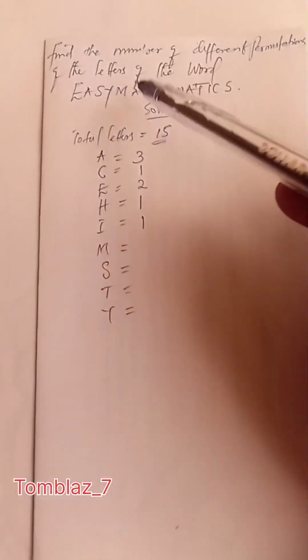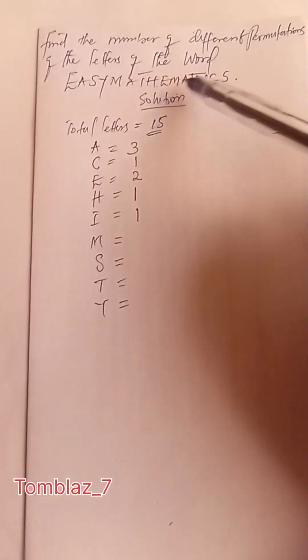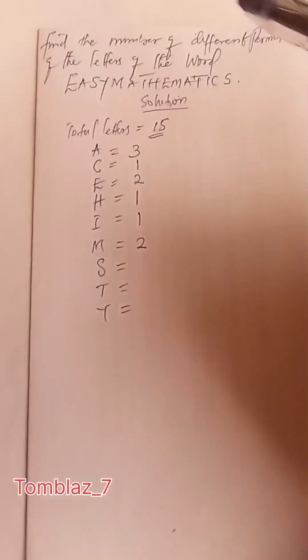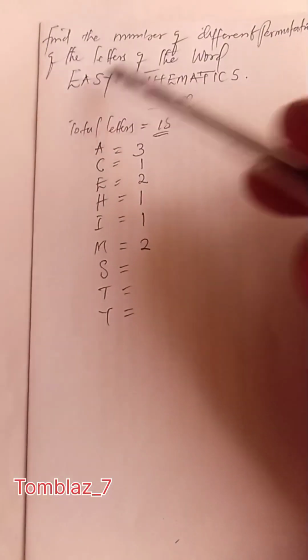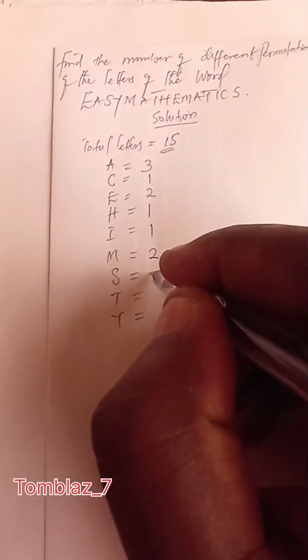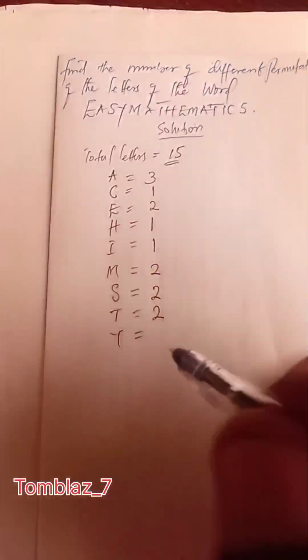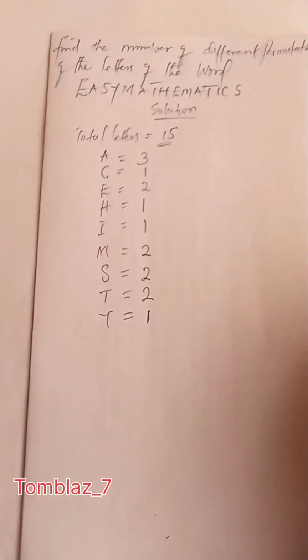M appears how many times? We have 1 here and 1 here. That's 2. S appears how many times? 1 here and 1 here. We have 2. T appears twice. 1 here and 1 here. And Y appears only 1. Right?